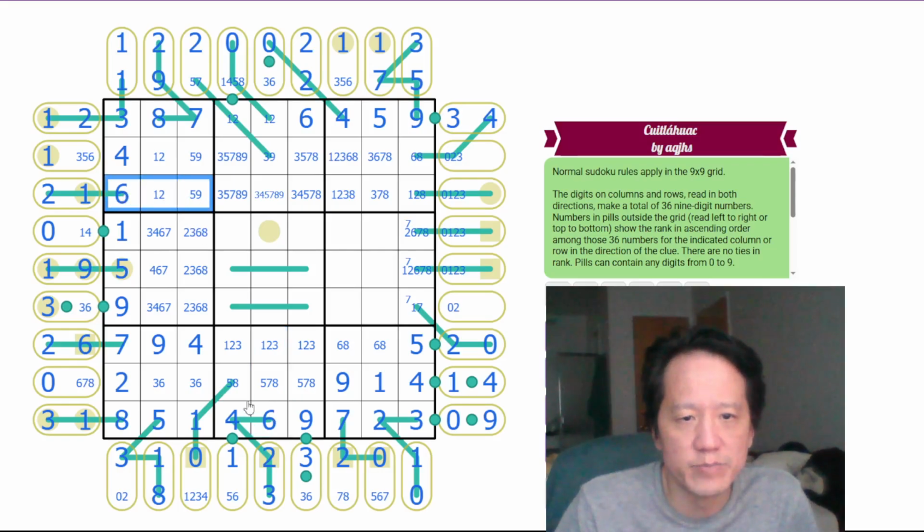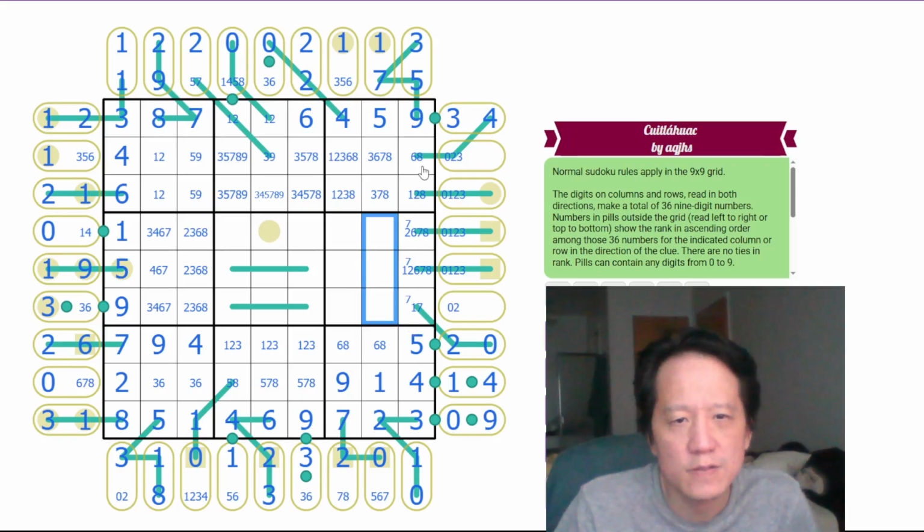That's already less than both of them, so that's fine. The other 6 is a 24, so it must be greater than... It has to be at least 5 or greater. This is 4. So, yeah, that works. 6 goes with 2 and 4.